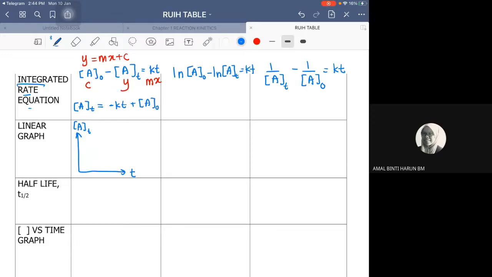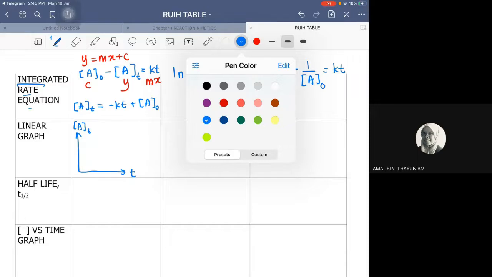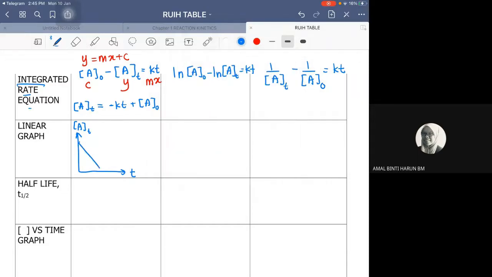Okay. Ni saya rearrange daripada integrated. Saya rearrange kepada Y = mx + C untuk dapat linear graph. So, saya dapat this one, negative slope. The Y is the A at time versus T. So, kita akan dapat this one.